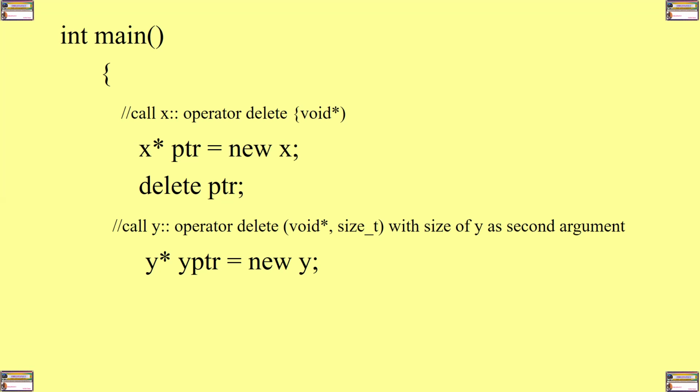So Y pointer is a pointer of type class Y. So we are initializing Y pointer, the object called Y pointer, which is an instance of class Y, with the address of the new object, or the free store that we have created called Y.